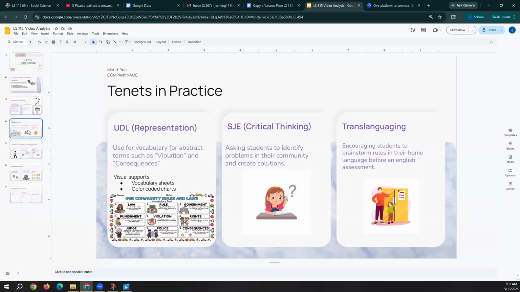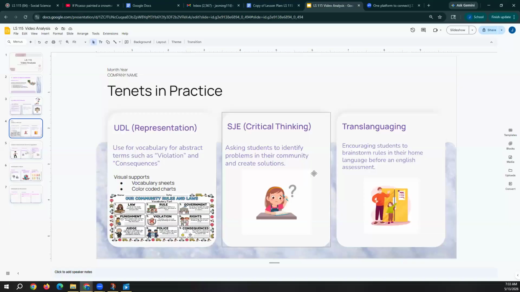We use materials and vocabulary sheets and icons like this picture we have here, which shows all the laws as well as a picture so that they can see it with their vocabulary term. Again, this helps to reduce barriers for students who might struggle with academic terms.